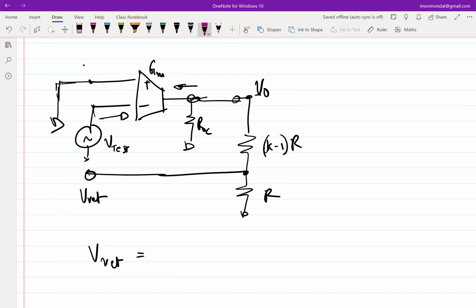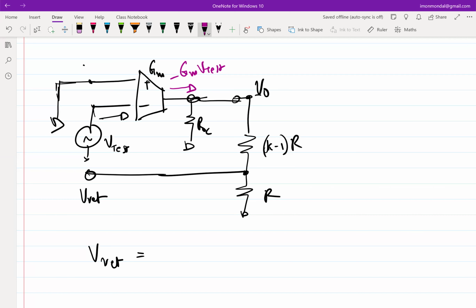So if the V test has been applied in the way I have shown, what will be this current? So let's say I put the direction in the way that was originally intended. What will be this current? GM times V test, but plus or minus? Minus, right?